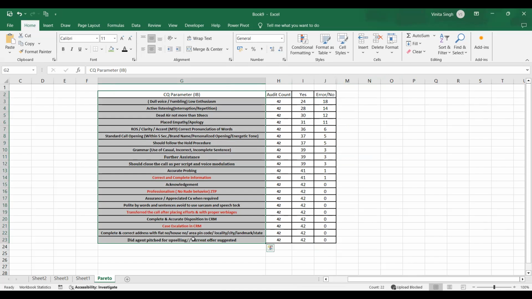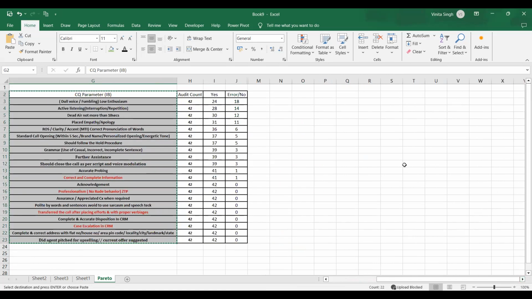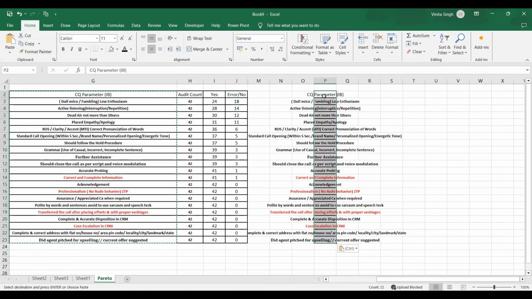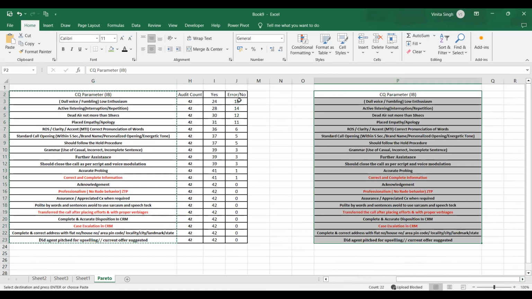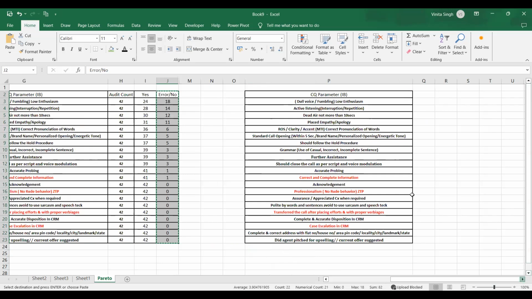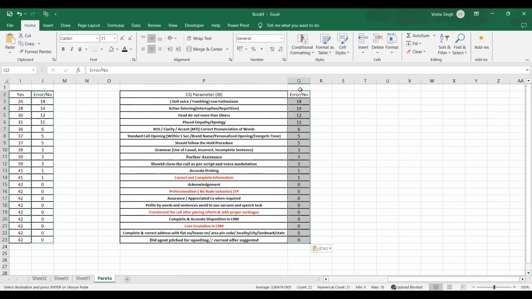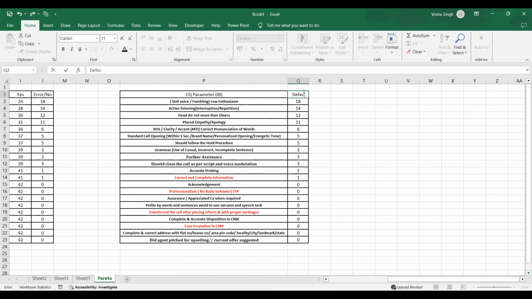So how do we create the Pareto chart? We take all these parameters, and then we take all the defects and sort them. I have done the sorting in descending order, highest to lowest, and we call it the defect count.